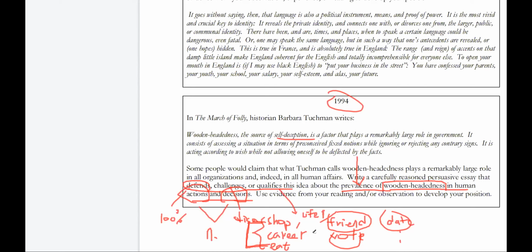When we make a consumption decision or action, we have this wooden-headedness. How? We may end up consuming something that we don't really need, but we convince ourselves we do need it. Or we sign up to a gym, but we don't attend. Do you have a membership card to any gym and you never go?